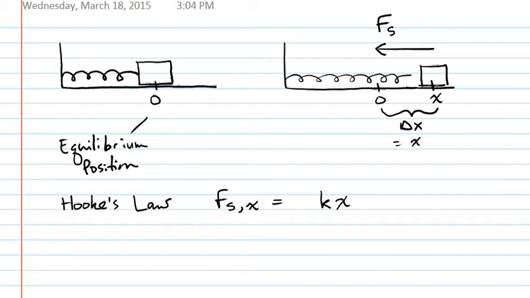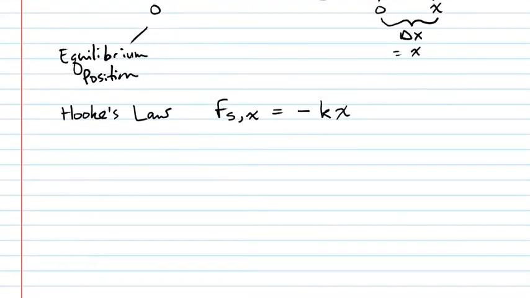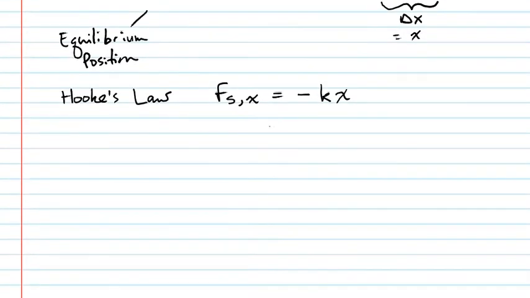But to make things work out properly, because the x in the picture is a positive number, but the force component should be a negative number, we need to put a negative in the equation. That's if we want the k to be a positive number, and we do. I guess that's the tradition.